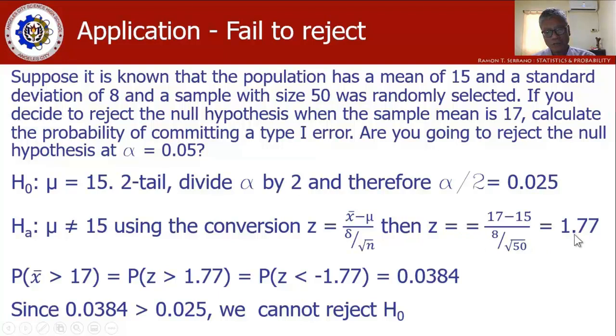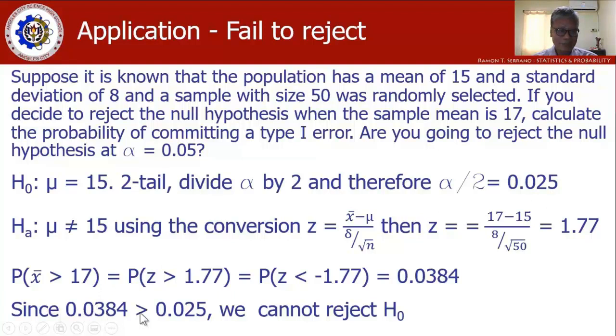And using the conversion, again, I will end up with 1.77. If you look at it, the probability that z is greater than 1.77 is equal to the probability that z is less than negative 1.77. And again, I'll get 0.0384 or 3.84%. Now, I'm comparing it to 0.025.